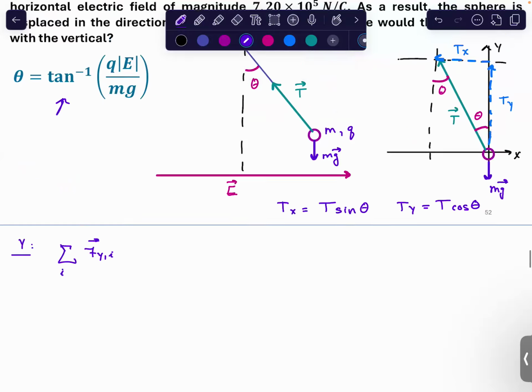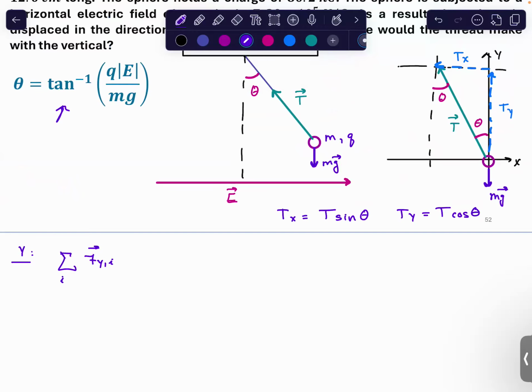The sum of all of your forces in Y, and remember, we can keep these completely separate. So in Y, we're going to have our Y component of tension plus our mass times gravity.